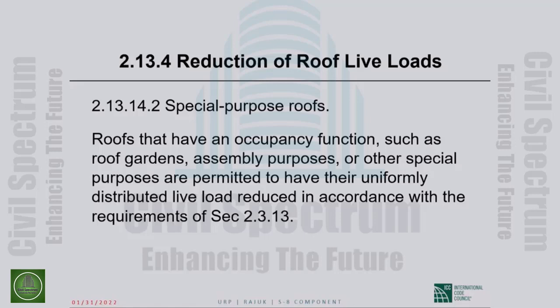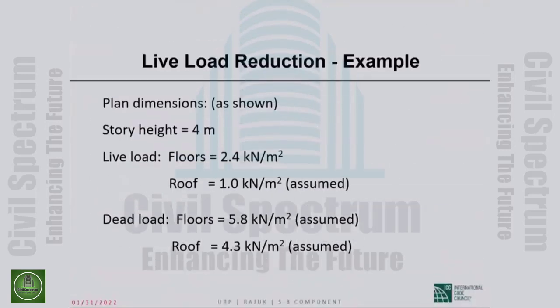If your roof is going to be used for assembly, you design for assembly live load and then you reduce it. The assembly live loads cannot be reduced, as you saw. Okay, so anyway, the live load on that area of the roof shall be treated as floor live load. That's pretty much what we are saying.